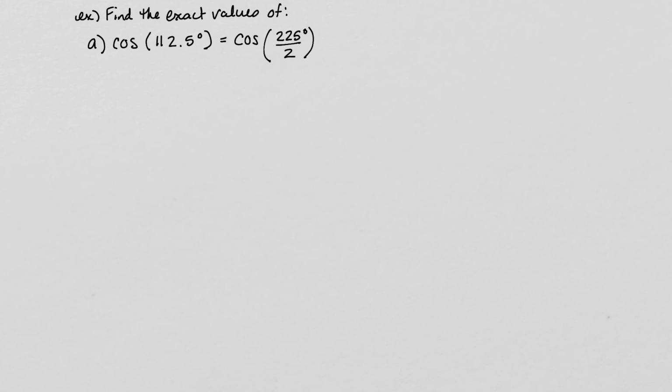Okay, so there is that formula that says the cosine of alpha over 2 is equal to plus or minus the square root of 1 plus the cosine of alpha, all over 2.